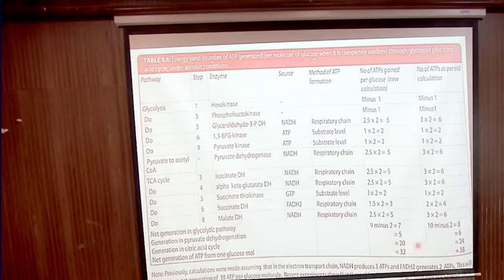So multiply by 2, there is a difference of 4 ATPs between old and new calculations. And net generation, as per the old calculation, it was 38. As per the new calculation, it is 32. So net number, you can write it at 32.